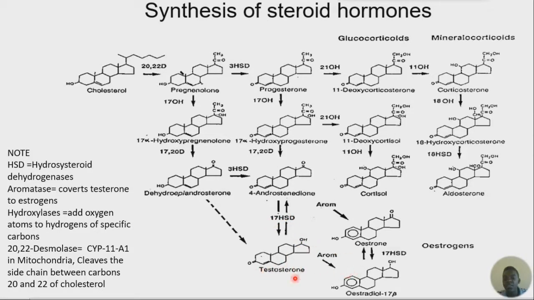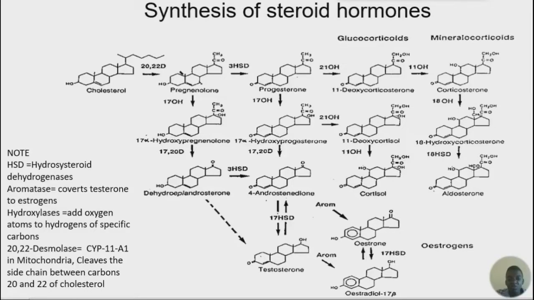Aromatase will convert that testosterone to estradiol. So basically that is it. Maybe another point is that we are capable of forming the androgen dehydroepiandrosterone from pregnenolone using the 17 hydroxylase, then the 17-20 desmolase. This is an androgen usually released by the zona reticularis.